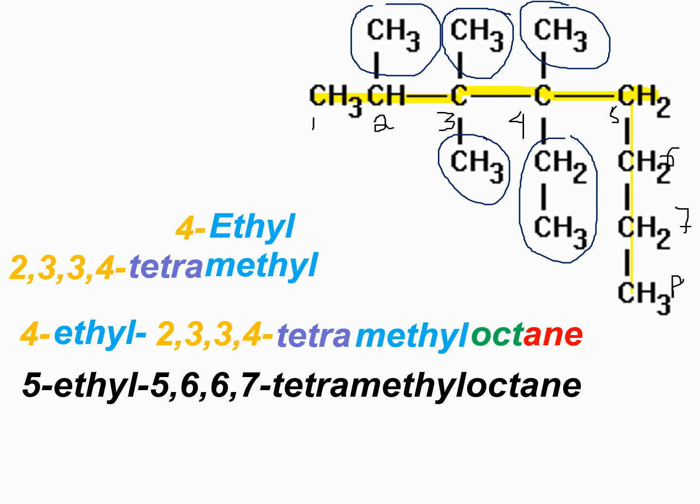Right? So there is a sort of urban legend, if you look on the internet, that the way you decide which one of the two is the correct one is by adding up all the locators, so all the numbers that are an actual figure, all the positions basically, and see which one gives you the lowest.